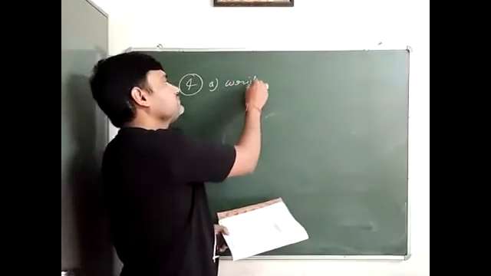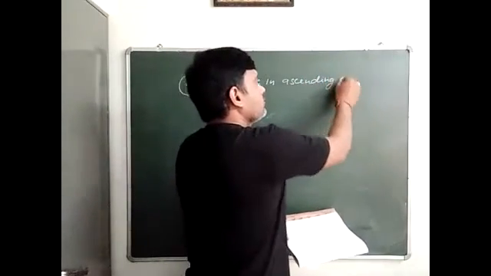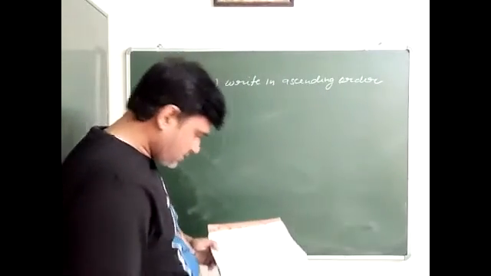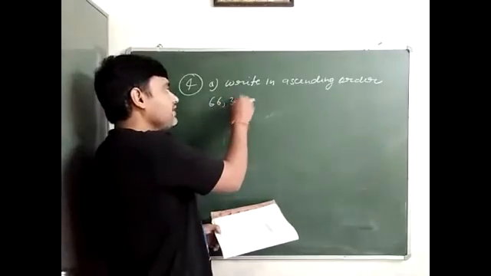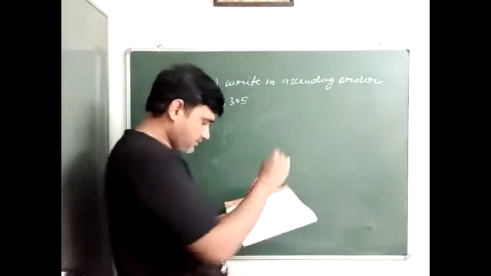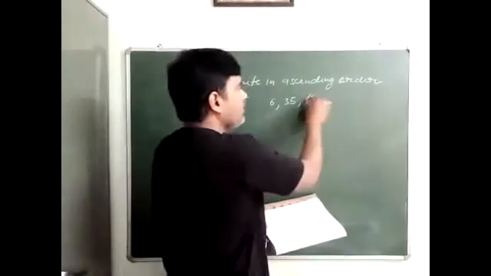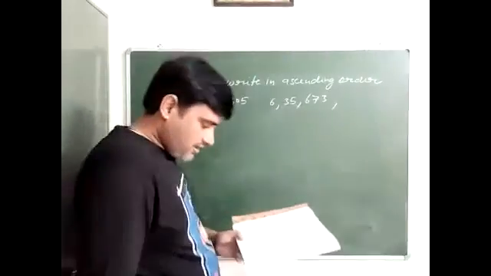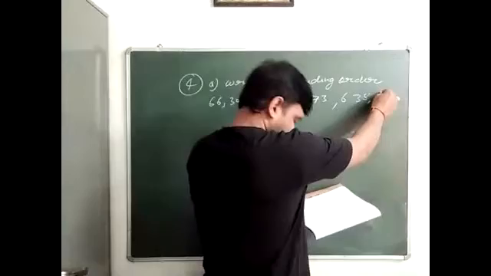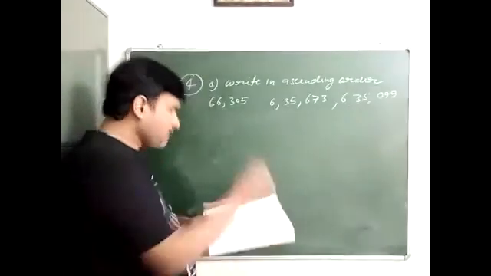Numbers: 56,305, 6,35,000, 673, 6,35,000, 99, 7 lakh.